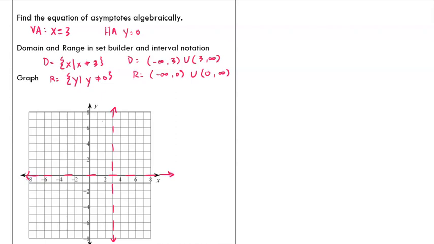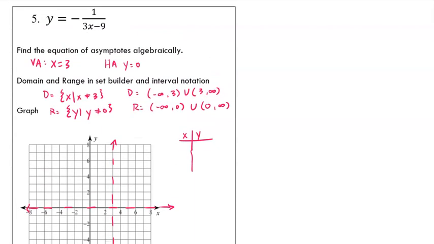Okay, let's go ahead and look for some points. Let's do maybe 4. Put a 4 in there. Negative 1 over 4 times 3 minus 9, so negative 1 over 3. That's negative 0.67. So 4, negative 0.67 somewhere here. Okay, and then let's try maybe 8. Why not?